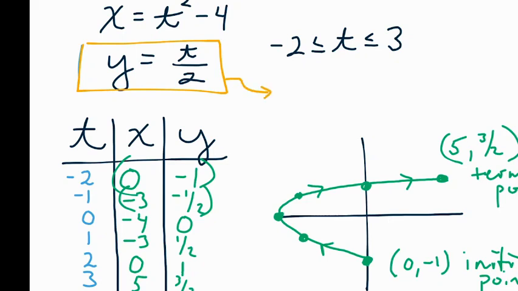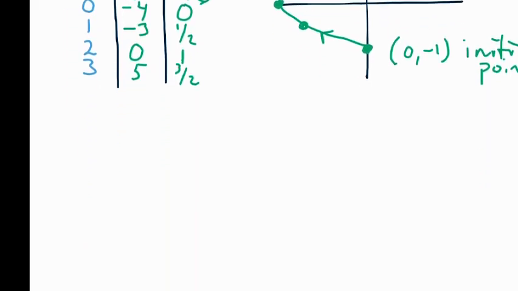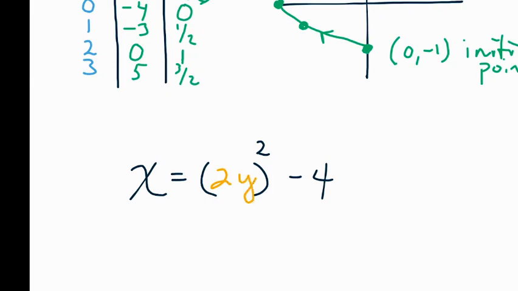So if I solve this equation for t, I get t equals 2y, and that 2y is what I want to substitute in here for this other t. I'm going to pull the screen a little bit so we have some space to do that, but basically we're going to end up with 2y squared, very carefully, minus 4, which comes out to be 4y squared minus 4.